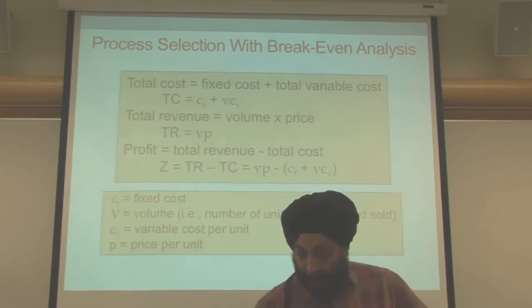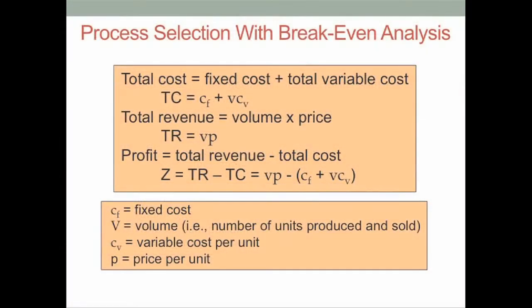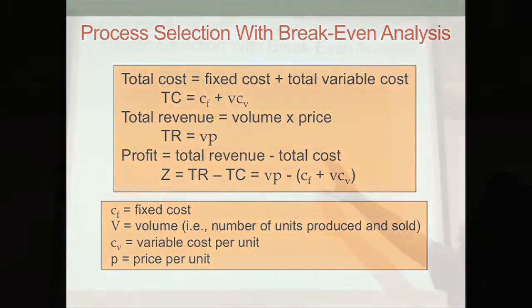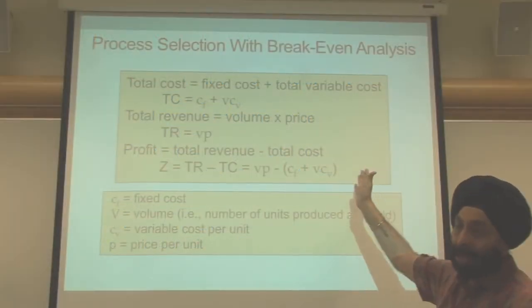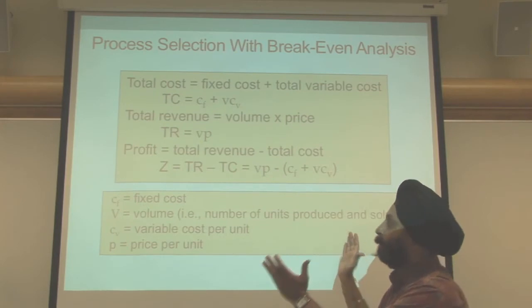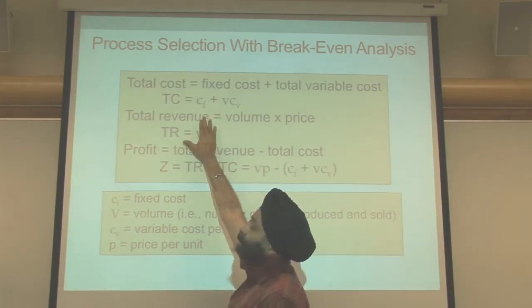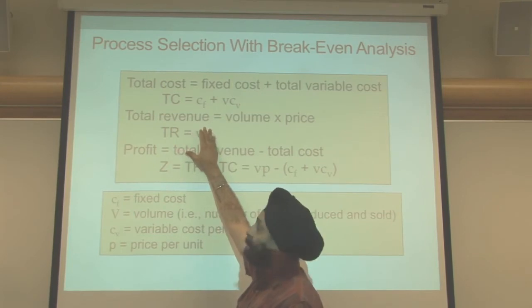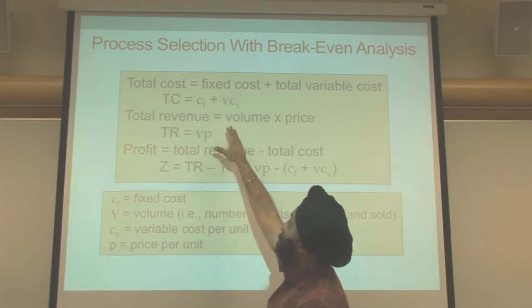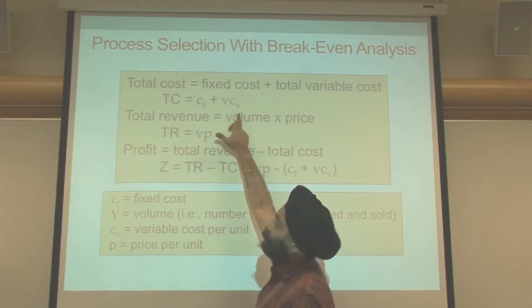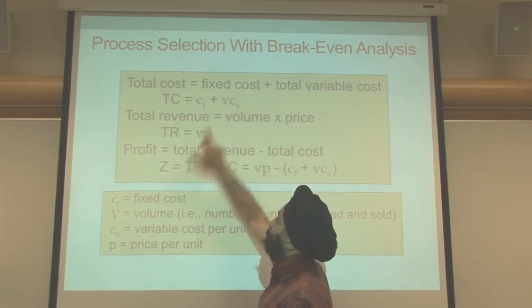So in this case, let's look at the formulas associated with this environment. Total cost is the fixed cost plus total variable cost. So that is the cost equation. So total cost TC equals fixed cost, as indicated in the textbook, CF, plus volume times the variable cost per unit, which is CV.